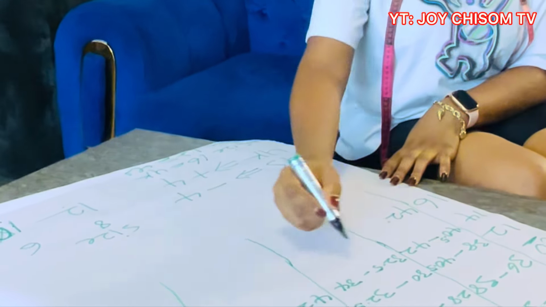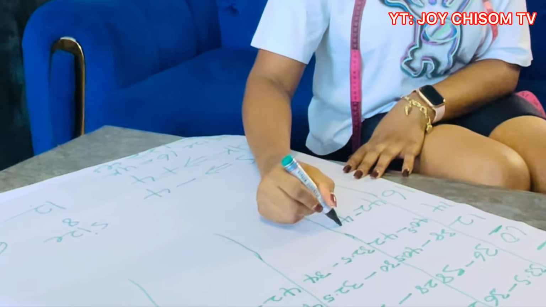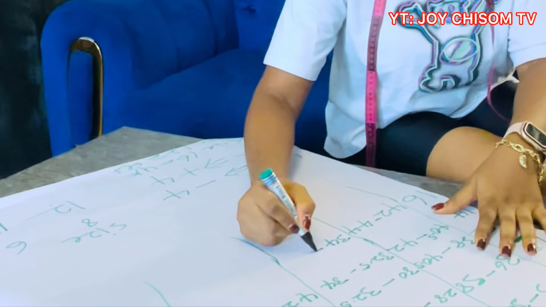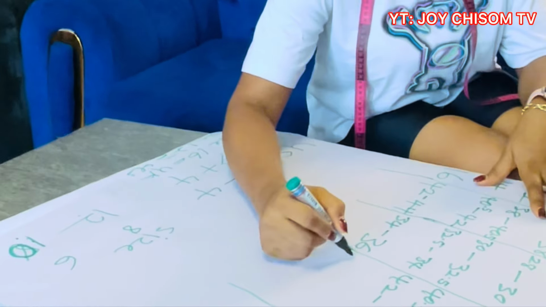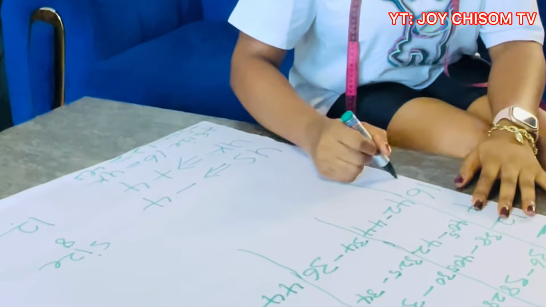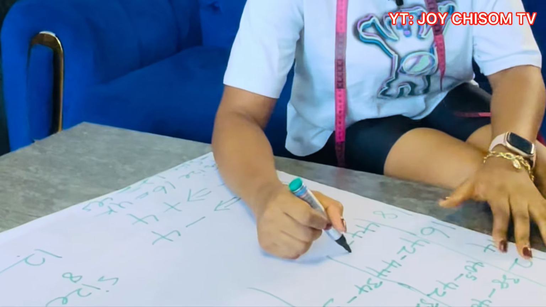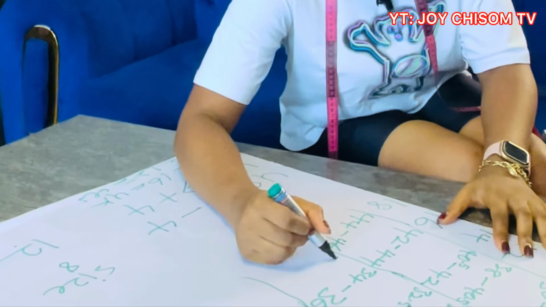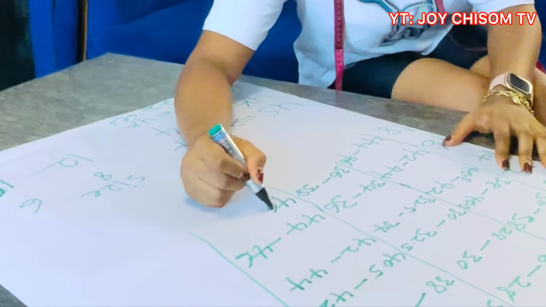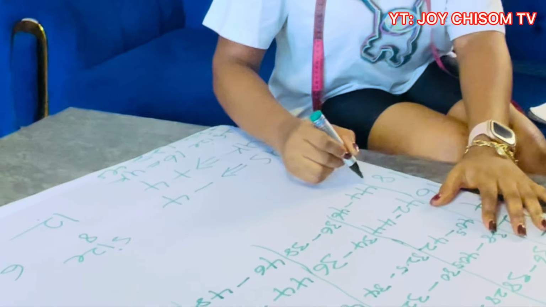With this, you can even tell where you belong. 42 to 44. 36, 34 to 36. 44 to 46. Size 18, 44 to 46, 36 to 38, 46 to 48, right?